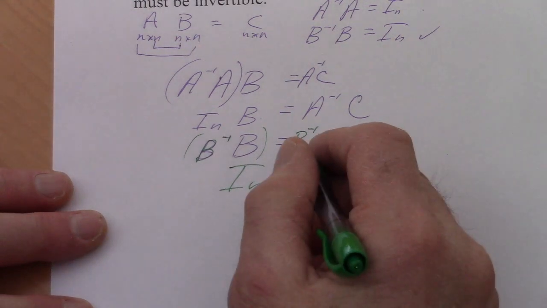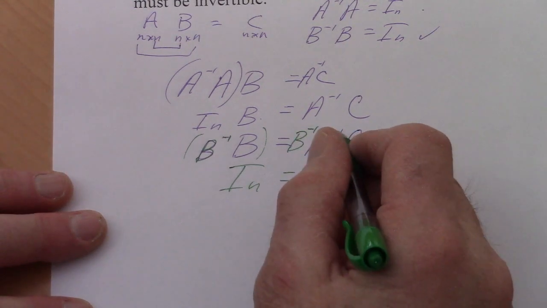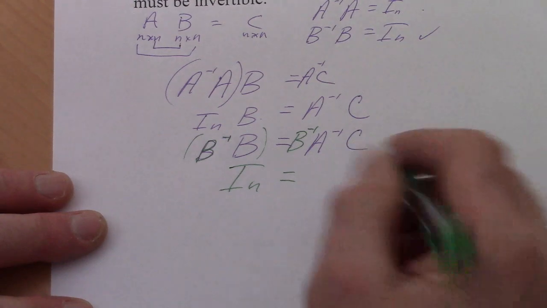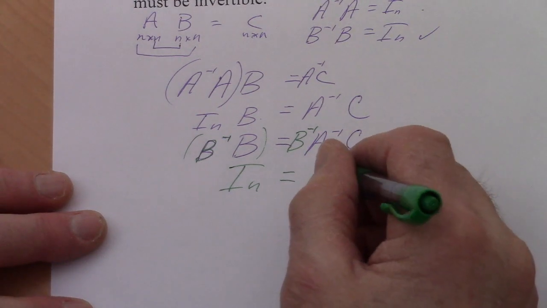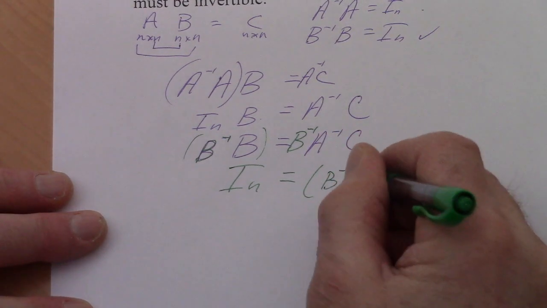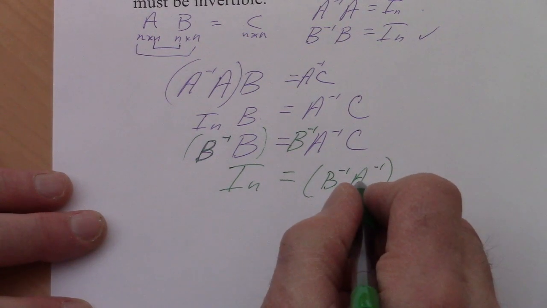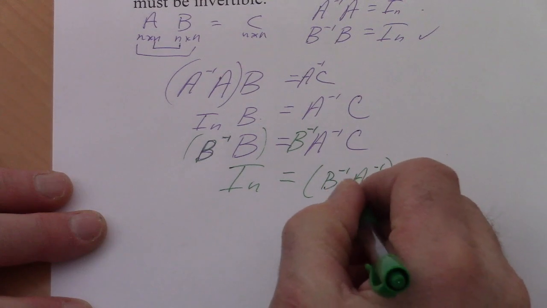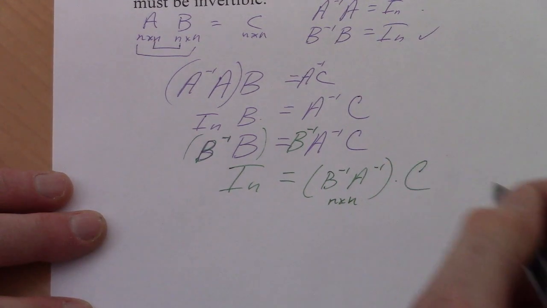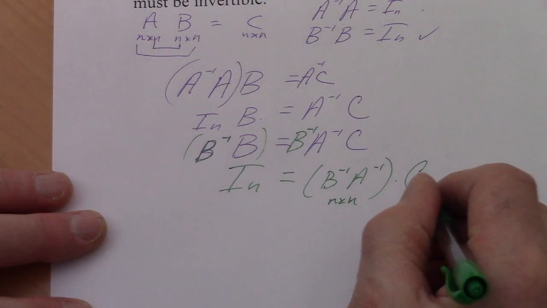And we get the inverse of B times the inverse of A times C. Well, using matrix associativity, that means that B inverse A inverse, these are both n by n, so that makes an n by n matrix. And it's multiplied by C, which we also know is an n by n matrix.